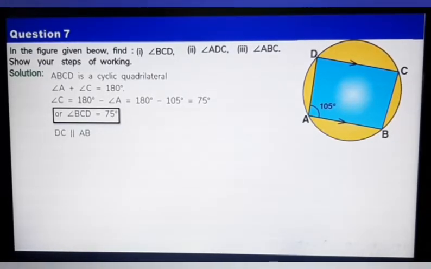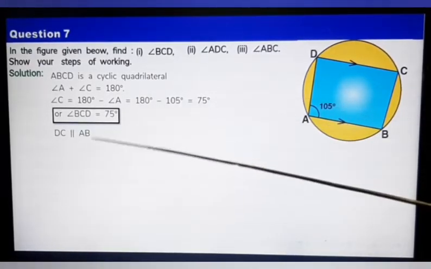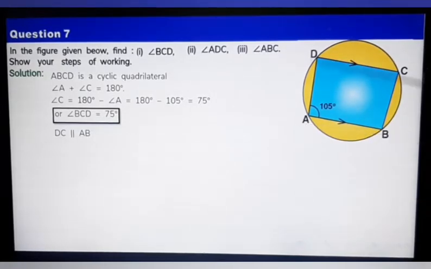Now we know that DC is parallel to AB. If these two are parallel lines, then the line which cuts the two parallel lines is known as a transversal. Similarly, this is also my transversal here. There is a famous theorem which you have learned in your junior classes, which says the sum of the angles formed on the same side of the transversal will be equal to 180 degrees. So these two are parallel, and this is my transversal.